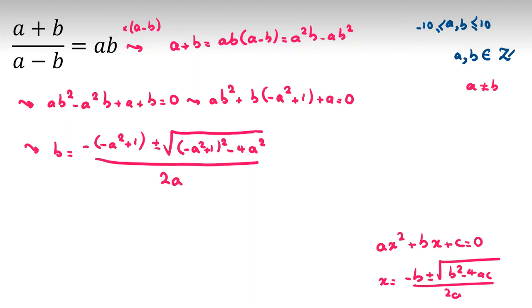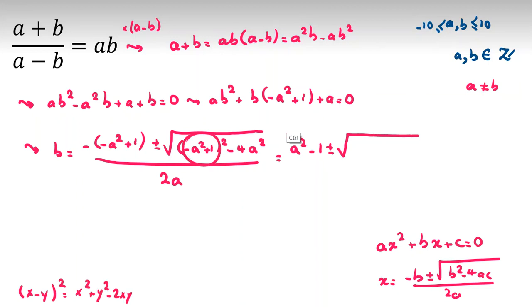Now, we know a and b should be integers, so inside the square root should also be an integer. Here it will be a squared minus 1 plus or minus the square root of (negative a squared plus 1) squared. Let me tell you something: we have a famous formula that (x minus y) squared is x squared plus y squared minus 2xy.